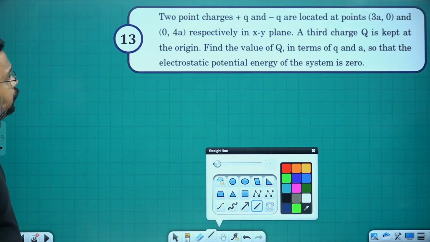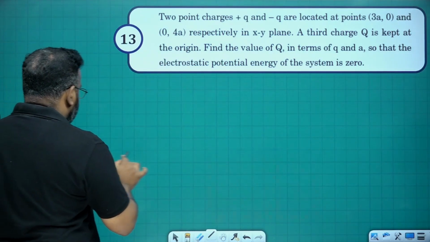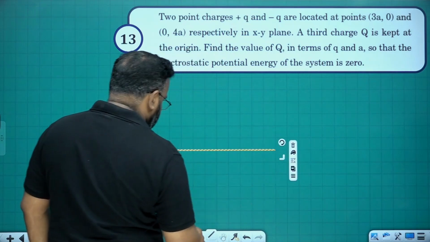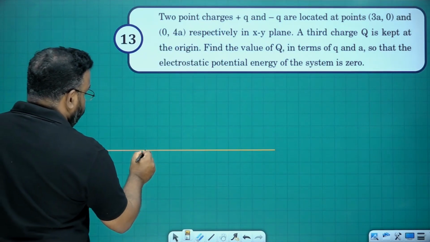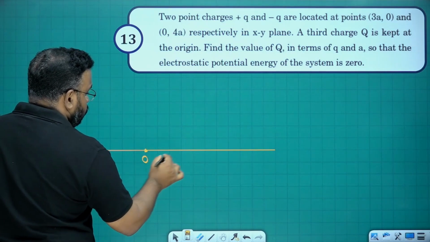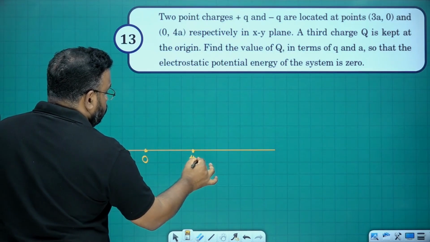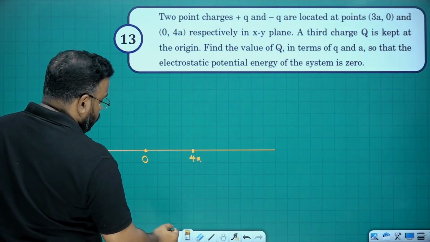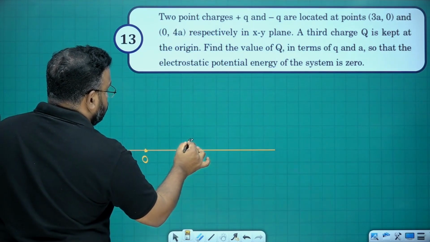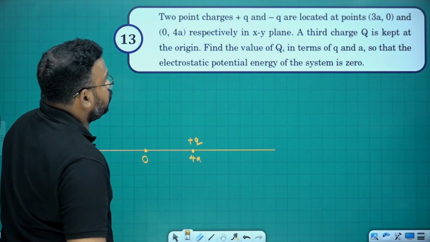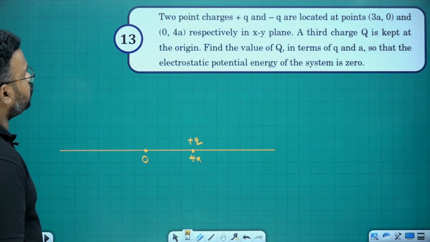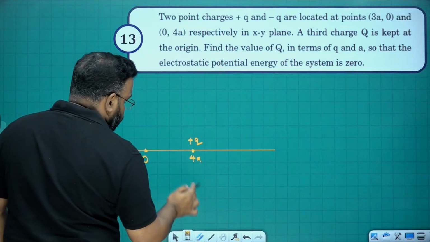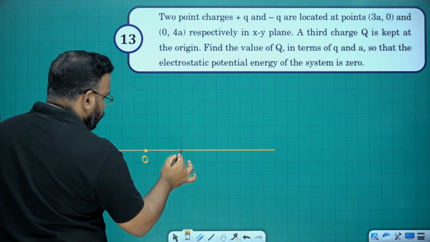Where are the two charges? Plus q is kept at (3a, 0), on the x-axis, right?